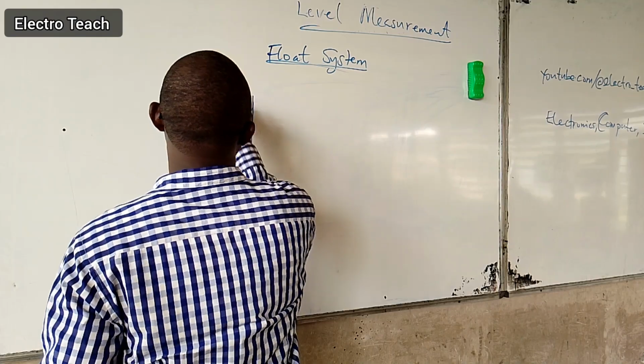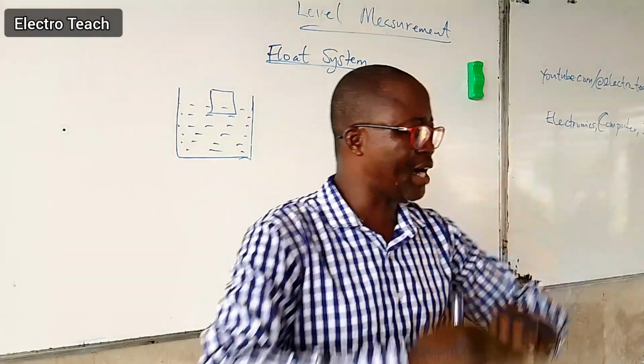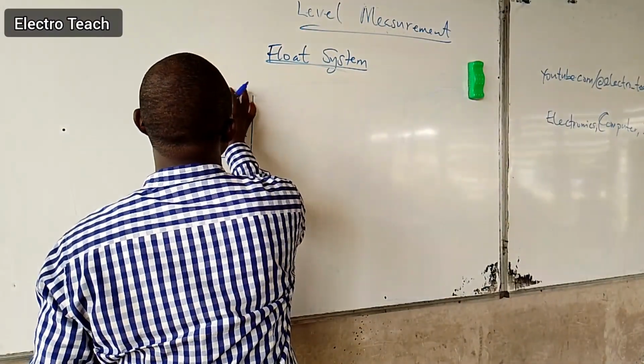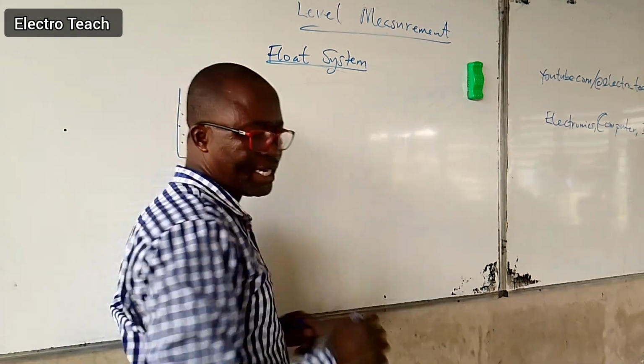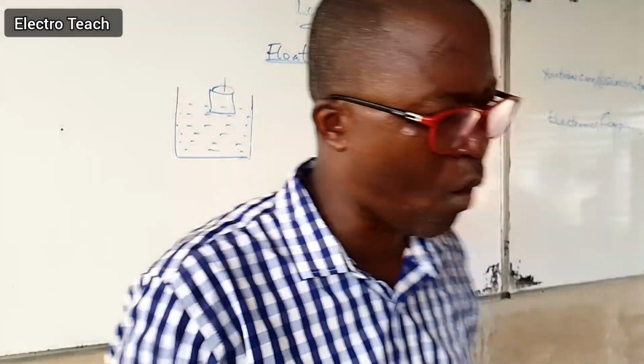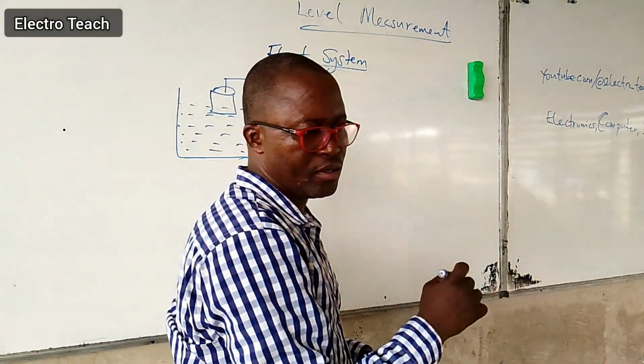Okay? We have something here, a float that is going up and down. Okay, that float is connected to the wiper of the potentiometer.